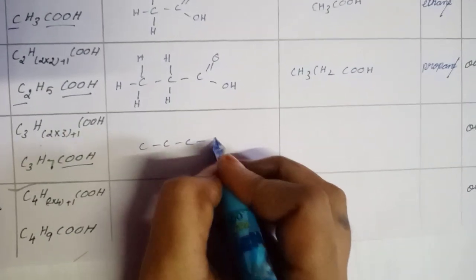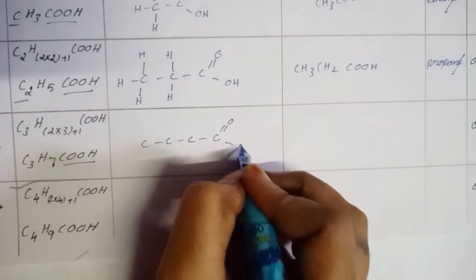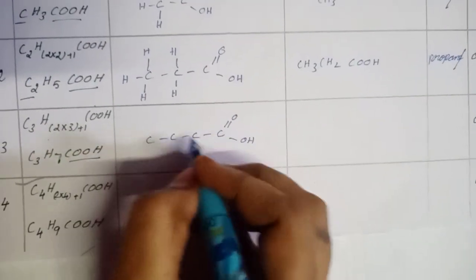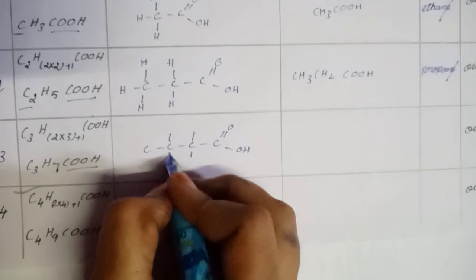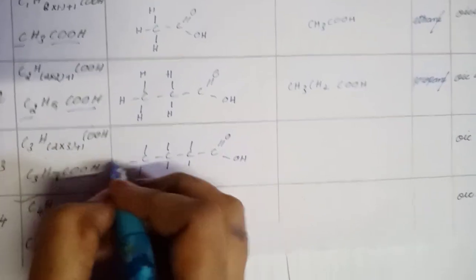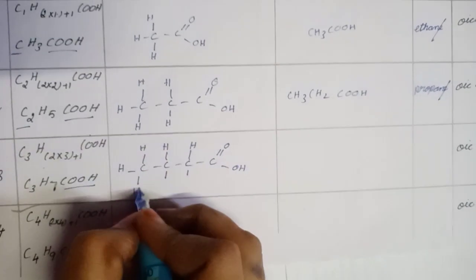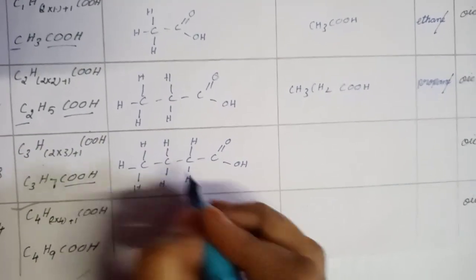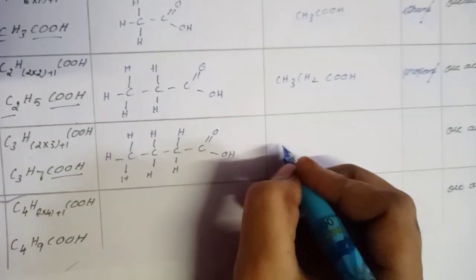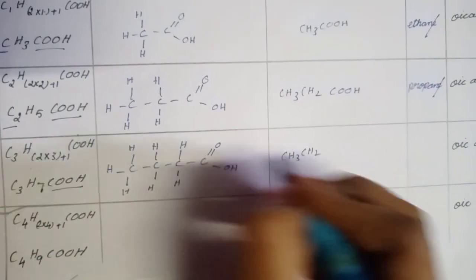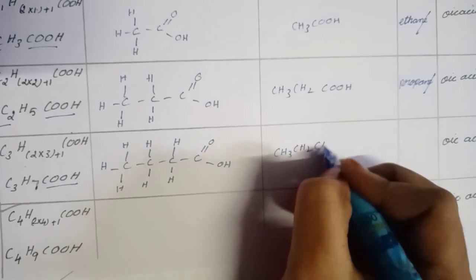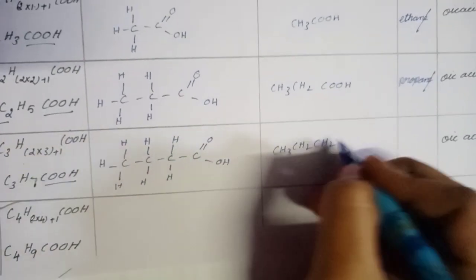So carbon atom 3, functional group C double bond O OH, and the framework satisfied. It also needs 3, so there is a place for hydrogen. Condensed form: CH3 CH2 CH2 COOH.